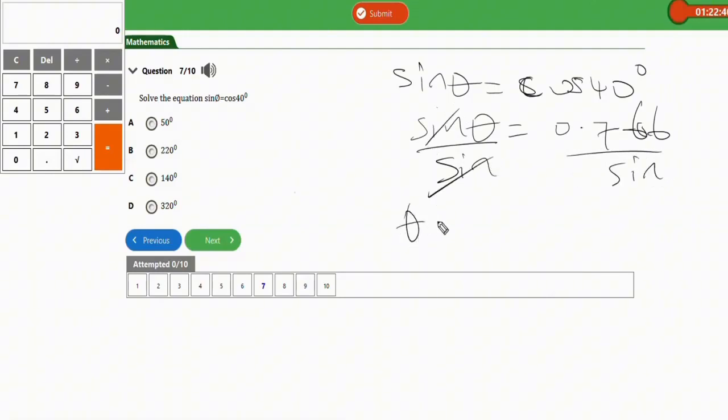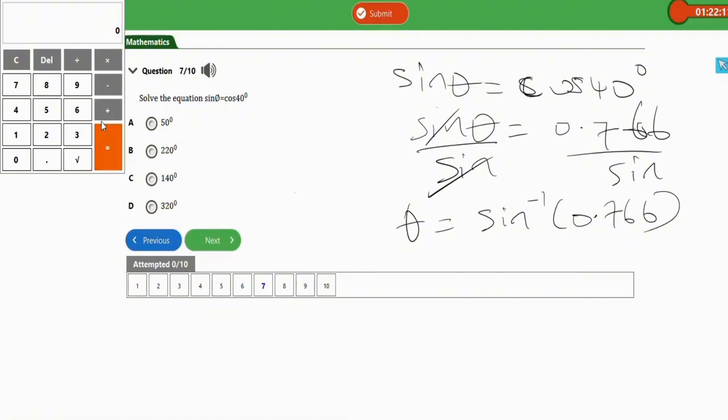So theta will now be, another way you can express this is sine inverse of 0.766. So sine inverse of 0.766 is the same thing. Now unfortunately this is not a scientific calculator, you cannot bring out sine inverse on this calculator.